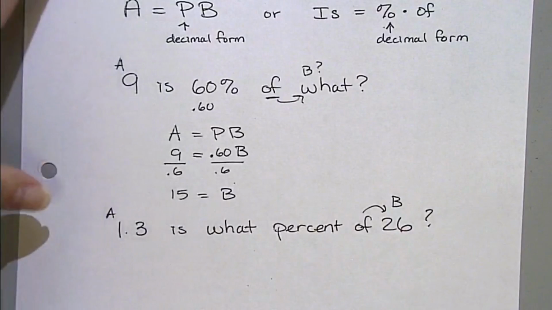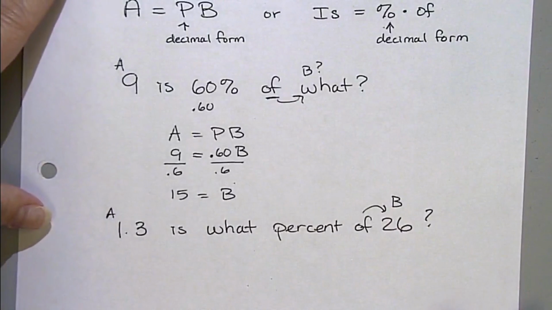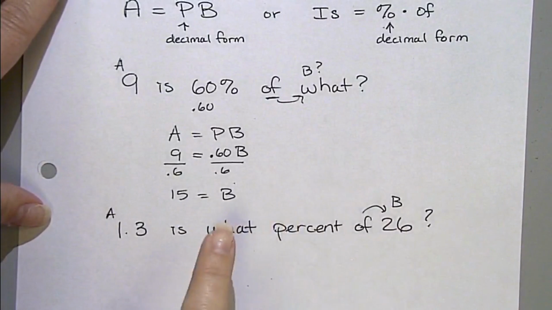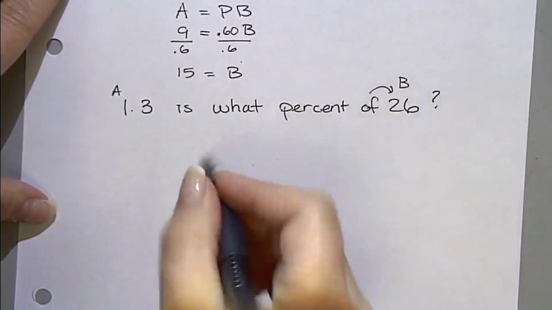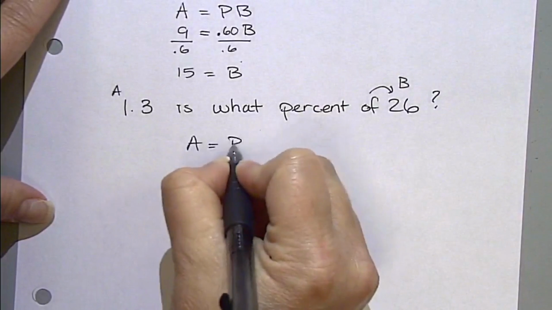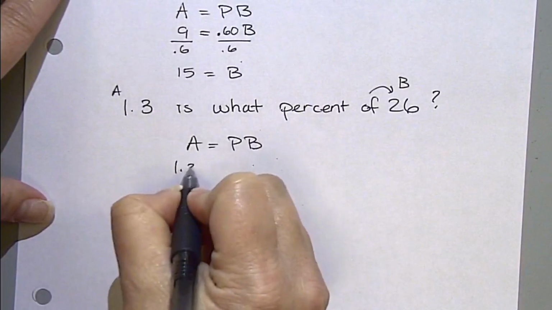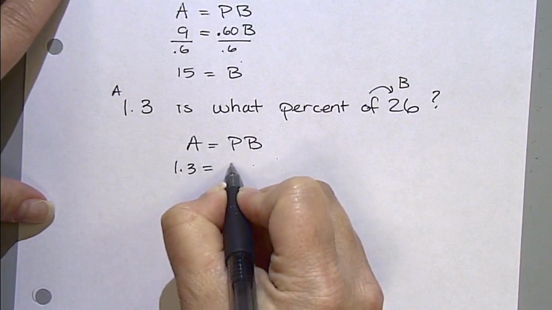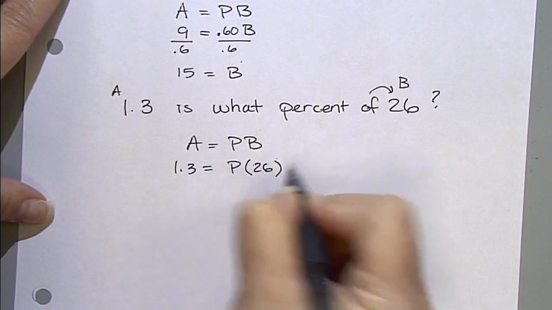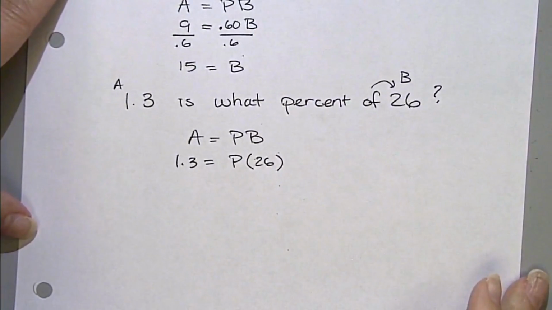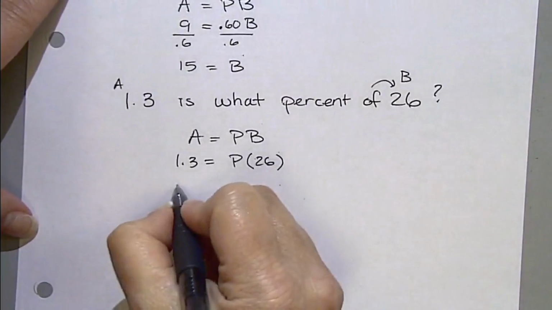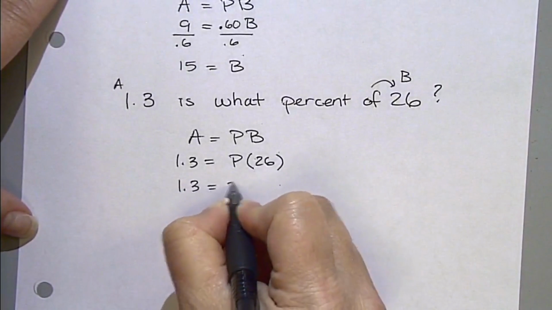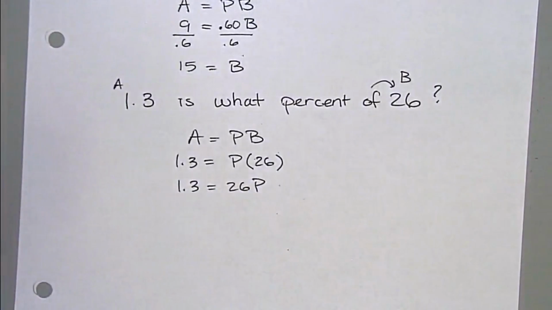However you want to look at the equation. And the unknown this time is the percent. What percent? So substituting it in, we have 1.3 equals P times 26. We don't know what that percent is. Or this is really the same as 1.3 equals 26P, right? That's how we would write that.